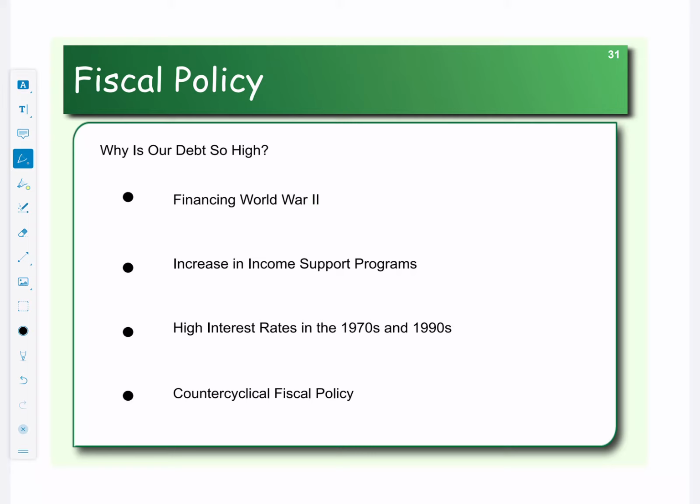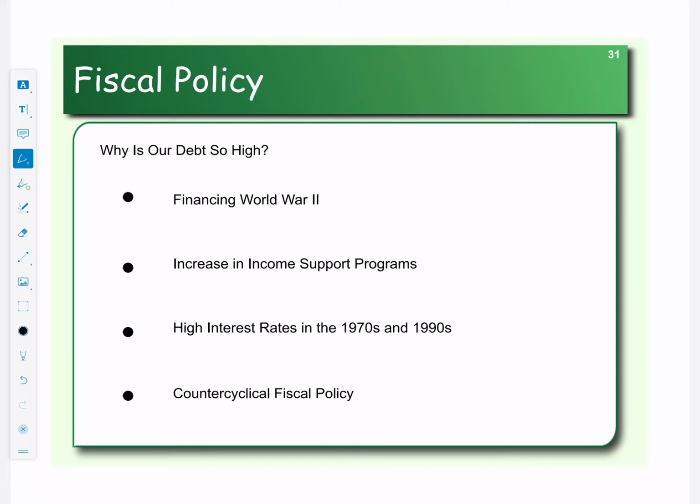In addition to that, it started at a period of time when there were high interest rates. So remember, the 1970s is a period of stagflation. Well, we know from the Fisher effect, when you have high inflation, you have high interest rates, right? We have to compensate you for the fact that your money doesn't buy what it bought before. If prices are constantly on the rise, then if you're going to lend money, you're going to have to pay that higher interest rate so that when you get the money back, you can buy what it bought before the prices went up.